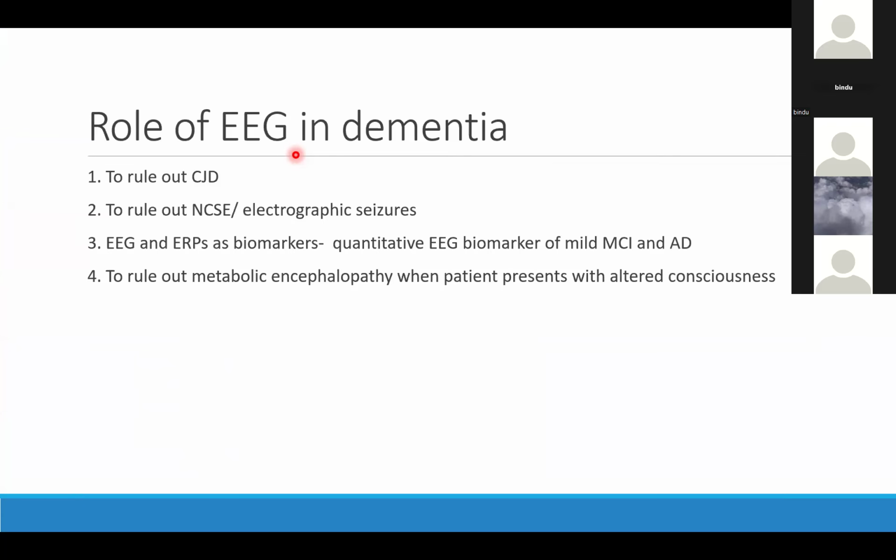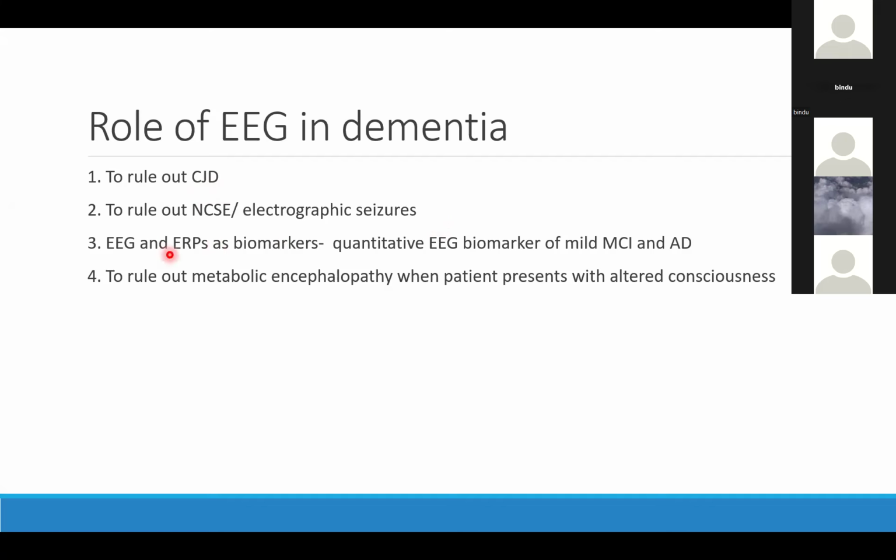Coming to EEG in dementia. The role of EEG in dementia is to rule out CJD, which helps in prognostication as well as telling the severity of the disease; to rule out NCSE or electrographic seizures when patients present with low consciousness levels.